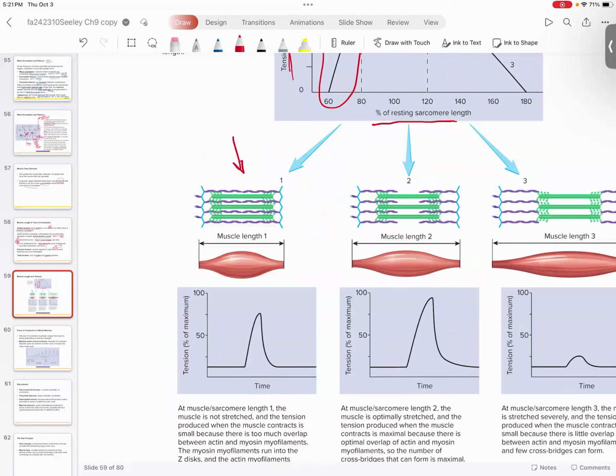And so what's happening is you're too close. So if you notice, there's no more room to pull the thin filaments because you've already pulled them close to maximum length. So it's already maximally shortened. You can't do anymore.